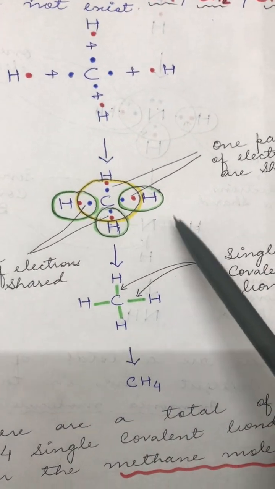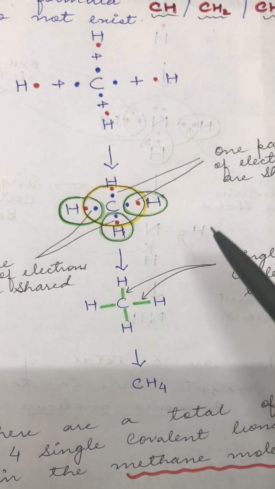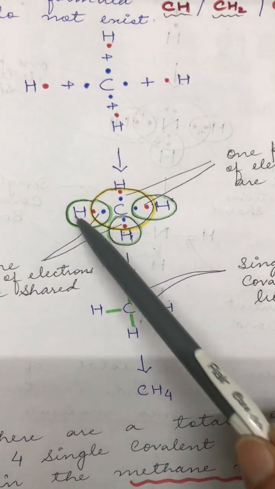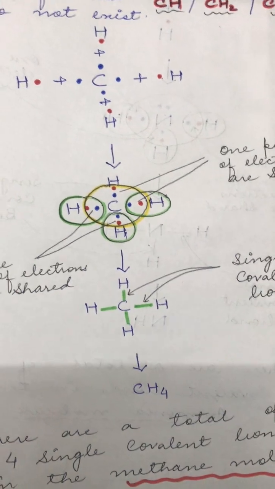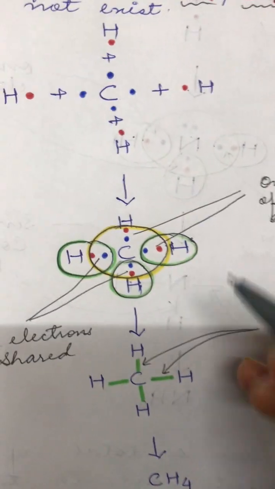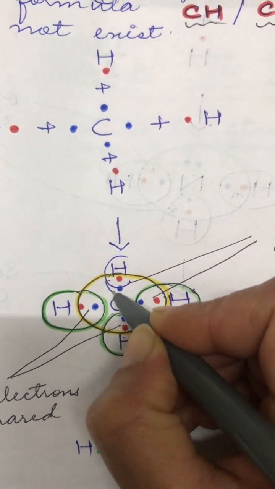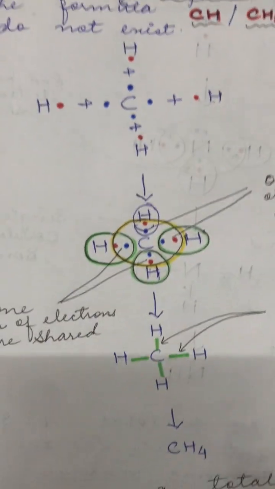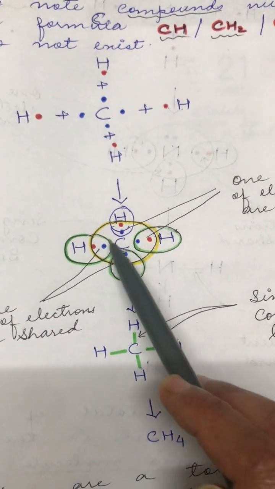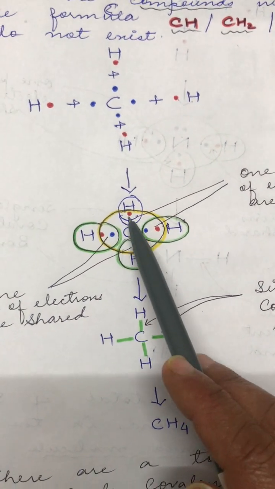As we clearly see here, if we draw circles just to see the completion of duplet by each of the hydrogen atoms, I've just missed out one circle here for this pair of hydrogen atoms. So if we just draw a circle here just to show that yes, this hydrogen atom is also completing its duplet with 2 electrons here.